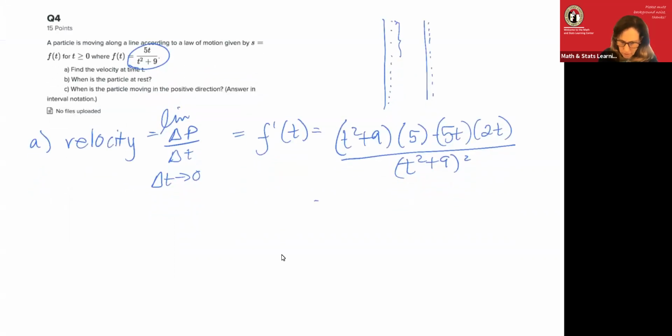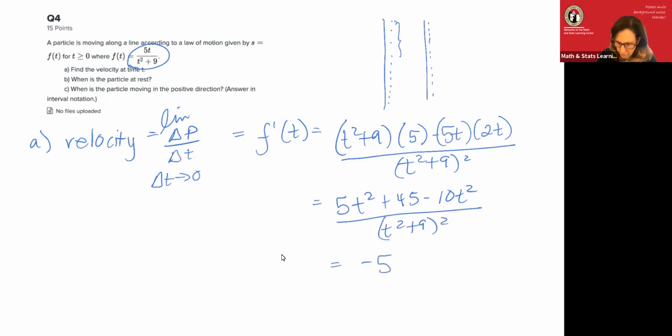When we do a little bit of distribution, we get 5t squared plus 45 minus 10t squared, divided by (t squared plus 9) squared. So that equals negative 5t squared plus 45 divided by (t squared plus 9) squared.